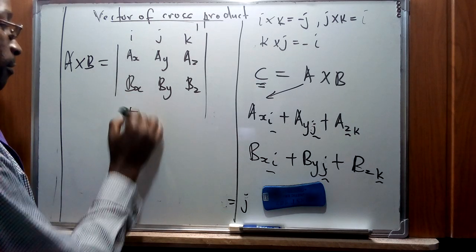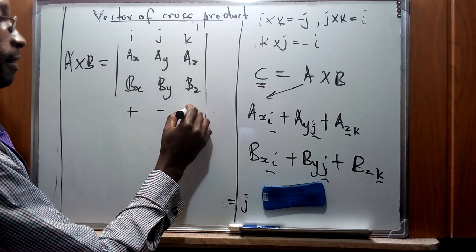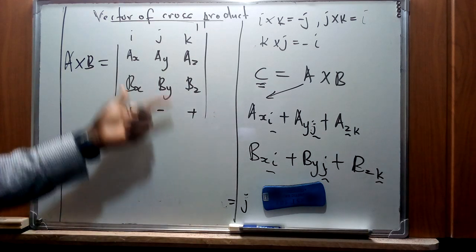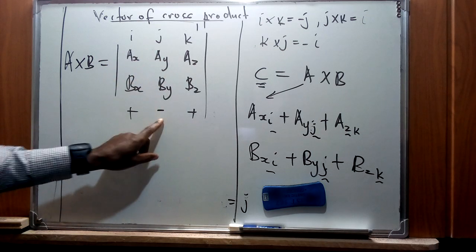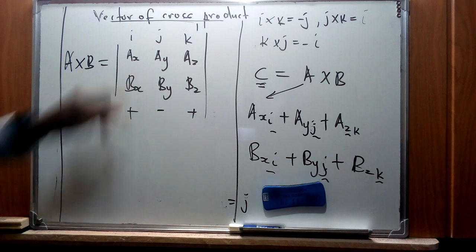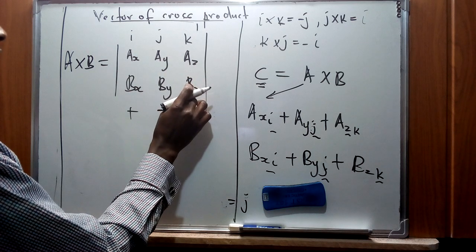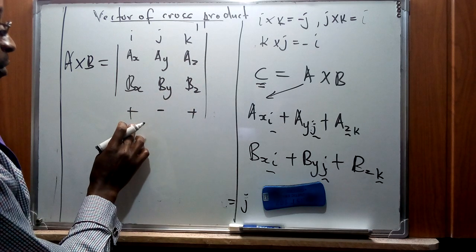Whereby the first product for the i component is going to give us a positive and then minus. So we just specifically use this order. Whichever product is given by the j component is going to be preceded by a negative sign. So the first one is going to be positive, whereby this is AyBz minus AzBy, a positive.